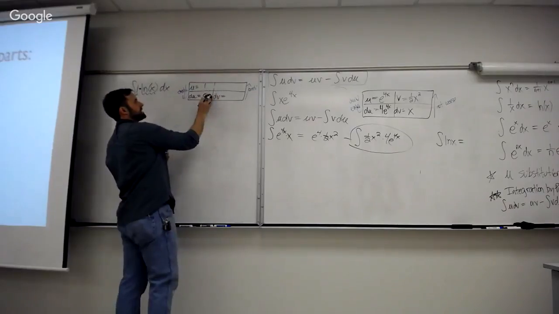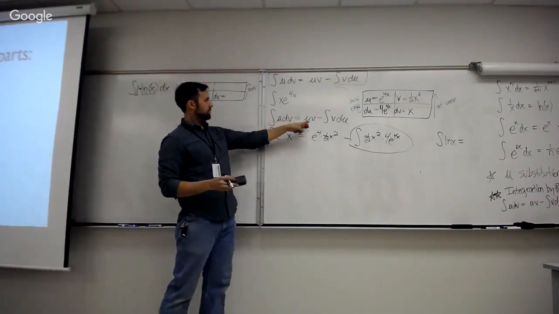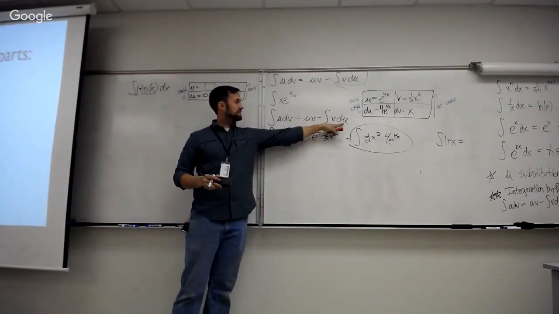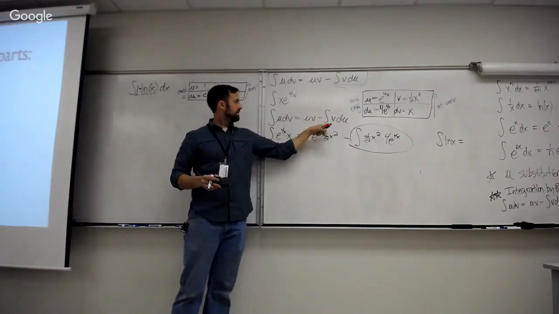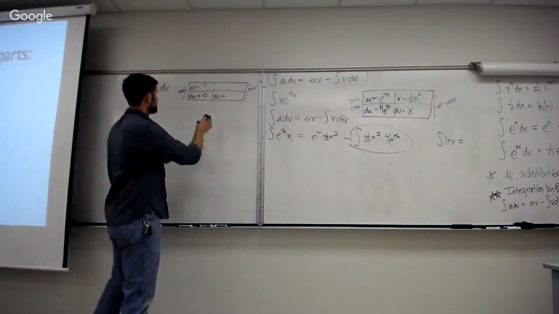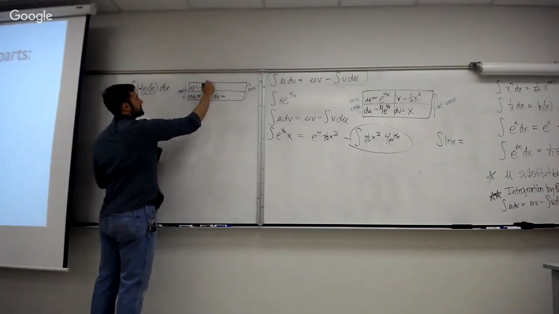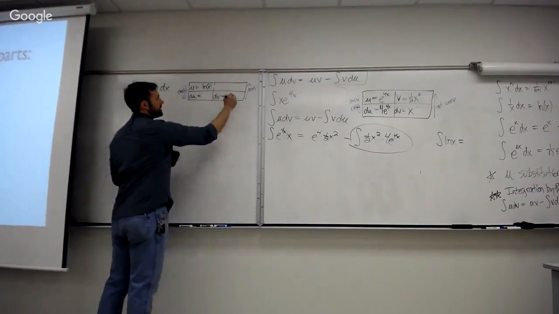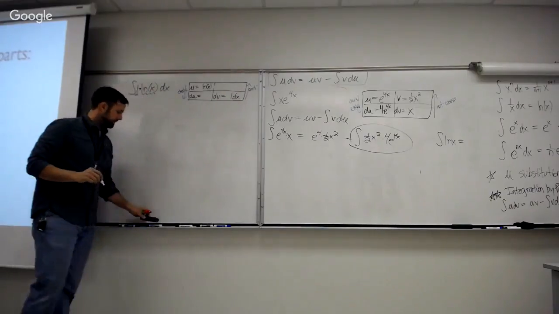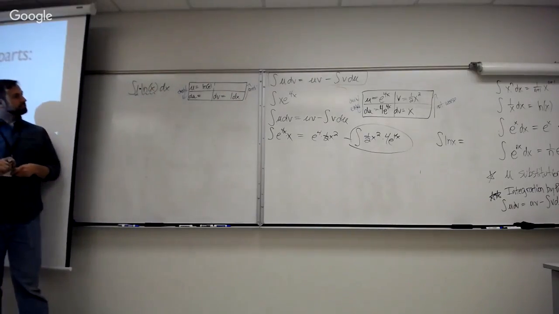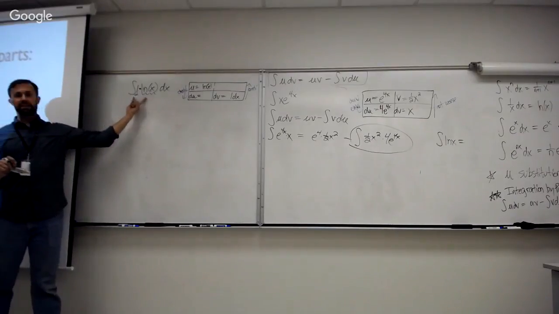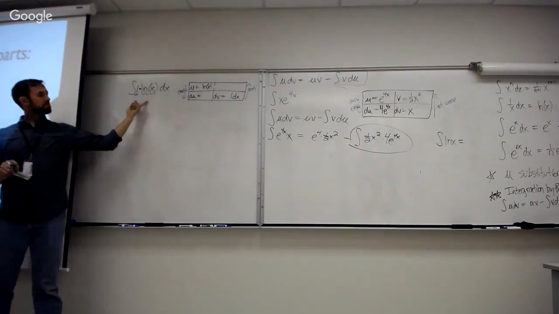And plus, if there's a 0 in the formula, the whole thing would be 0, and the formula might not work. Okay, so what should we do instead? Let u equal natural log of x, and let dv equal 1 dx. So that will be our choice for splitting this up into a u and a dv.